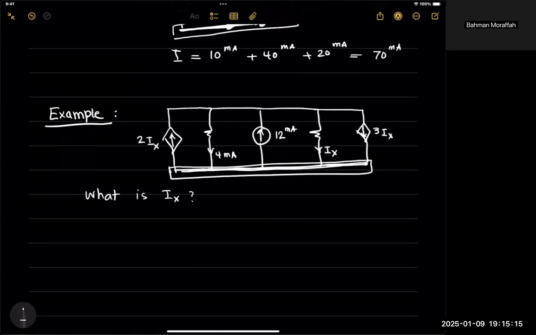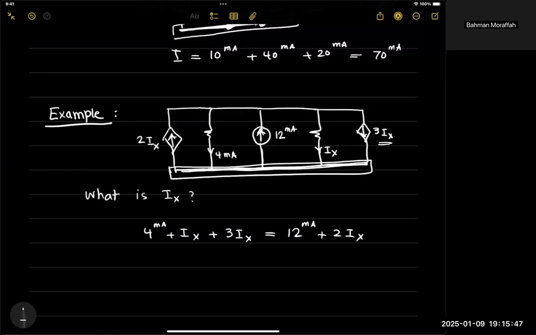So let's see whatever's going in. Well, 4 milliamps is going in. Ix is going in. This 3Ix over here is also going in. That should be the exact same as whatever is going out. So I have this 12 milliamps right here that's going out, and I have this 2 times Ix that's going out.